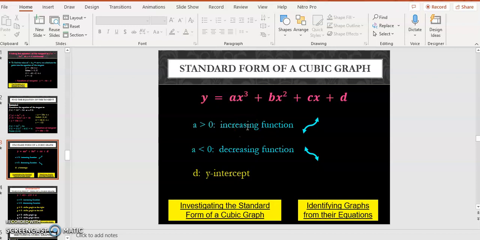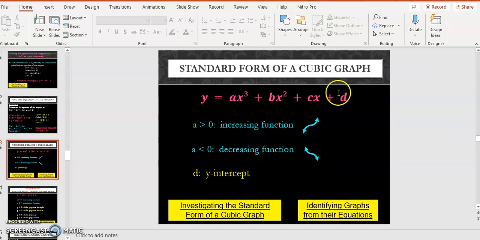If a is positive, we say the graph is what? Increasing. Then if a is less than 0, if a is a negative number, we say the graph is decreasing. So here, an increasing graph moves this way, a decreasing graph moves this way.